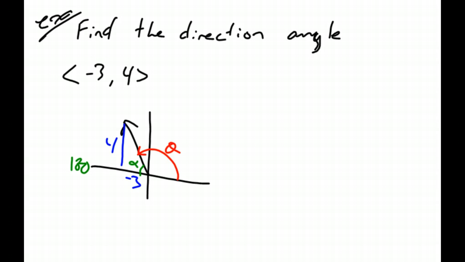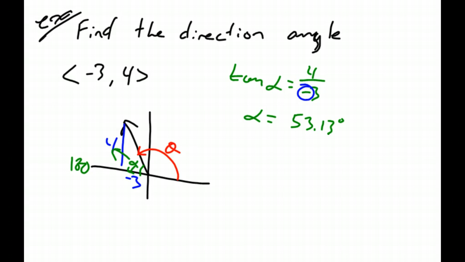So in doing that, I have the opposite side, I have the adjacent side, so I can say tangent of that angle is the opposite over adjacent, which is 4 over negative 3. Your angle will be 53.13. Now, if you punch in 4 over negative 3 in your calculator, this is going to give you a negative angle. Well, think about that.